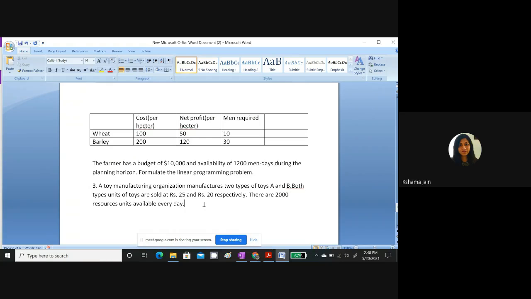Units available every day, from which toy A requires 20 units, while toy B requires 12 units.